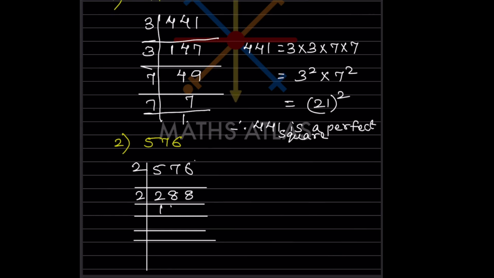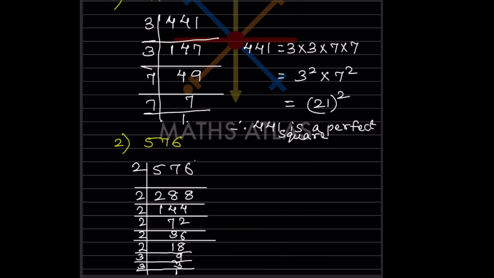Again, 2 144s are 288, 2 72s are 144, 2 36s are 72, 2 18s are 36, then 2 9s are 18. Then this is not possible with 2, so we go for 3: 3 3s are 9 and 3 1s are 3.